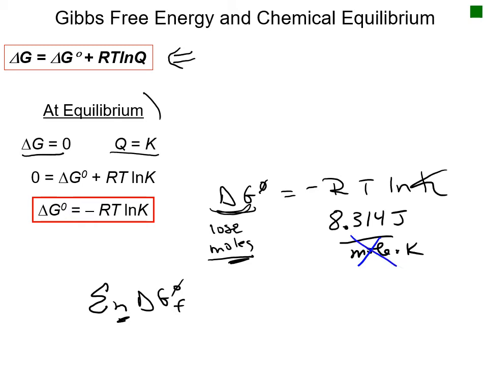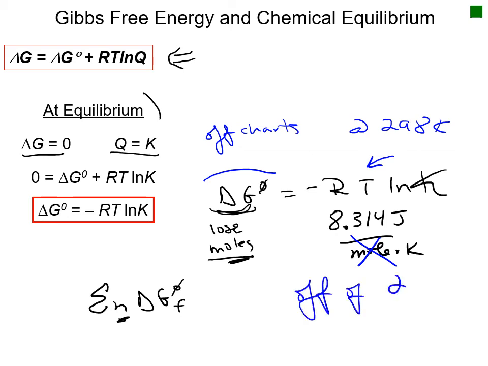We're going to remove the mole term here, and we're just going to ignore it. If we are at 298 Kelvin, we would plug 298 Kelvin in here, and we get our delta G off the charts. If we're off of 298, we'd use whatever the other temperature is, and we would get delta G, delta H minus T delta S. So let's do a calculation.